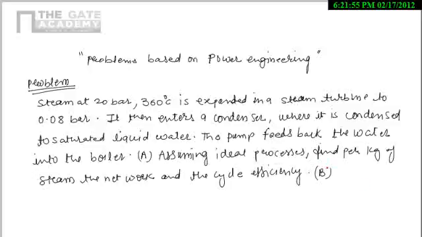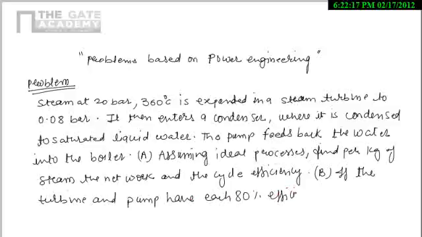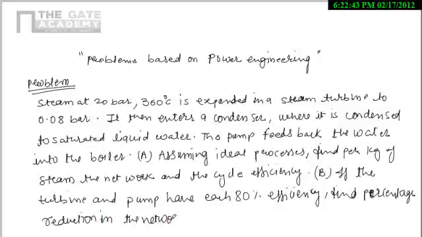For B part, if the turbine and pump have each 80% efficiency, find the percentage reduction in the network and cycle efficiency.